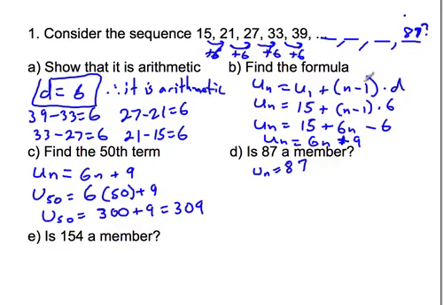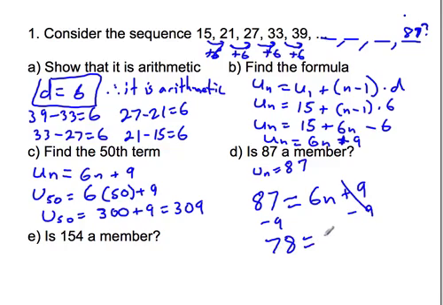So you just use the formula again, and we'll put 87 in for u sub n. So we have 87 equals 6n plus 9. Then we're going to find n, which term gives you 87. So you just solve this equation. Subtract 9 from both sides. You get 78 equals 6n. To solve, you divide by 6.